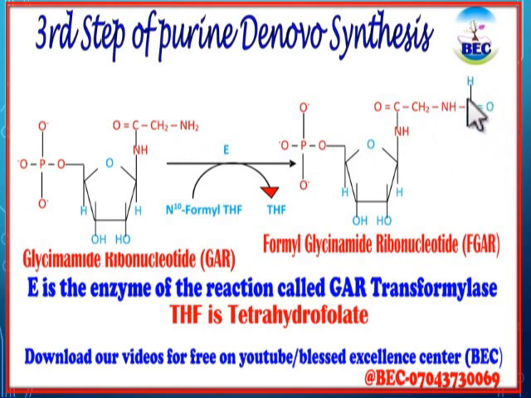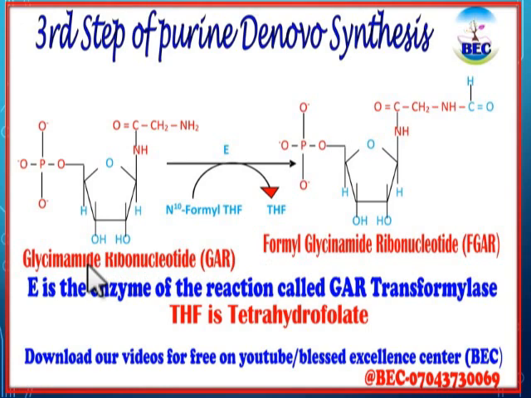That's why I use a different color to differentiate, so you see the points of reaction, the points of attachment, and every other component is repeated. The phosphate, the ribose sugar, the other groups of the compound are repeated. Only to this amino group you add a formyl group, and when you do that, you form formyl glycinamide ribonucleotide.